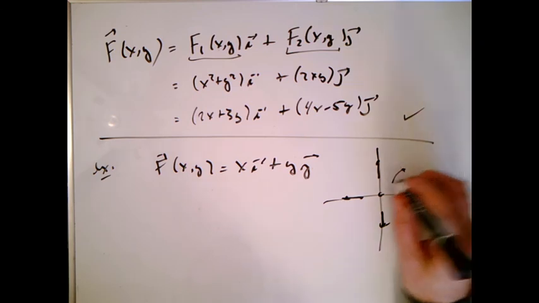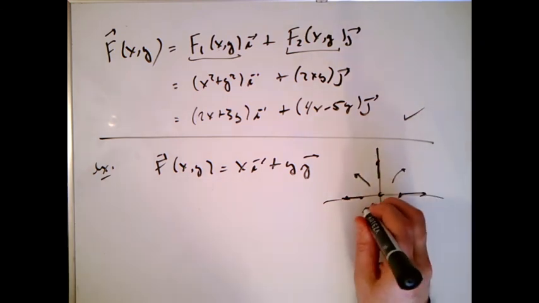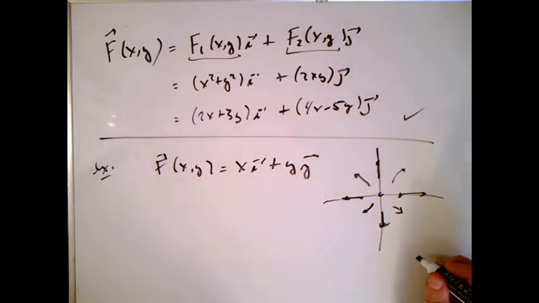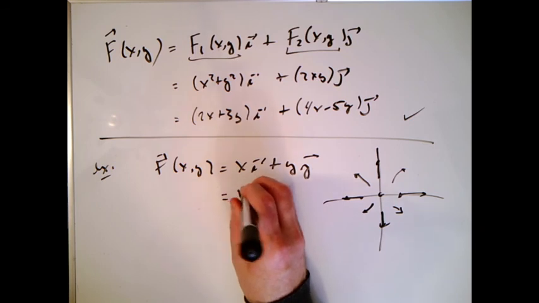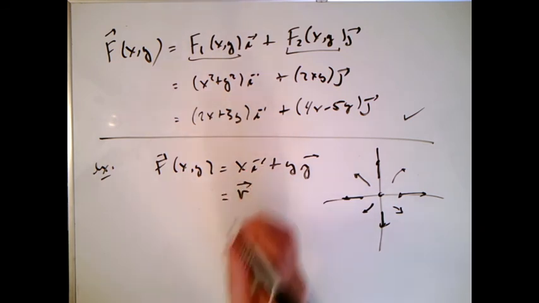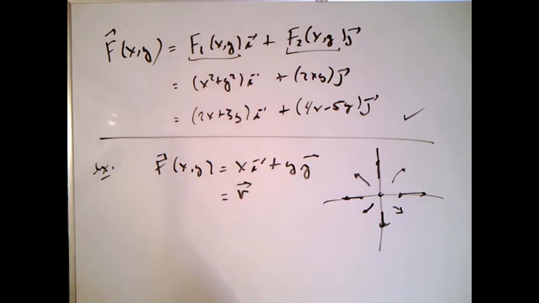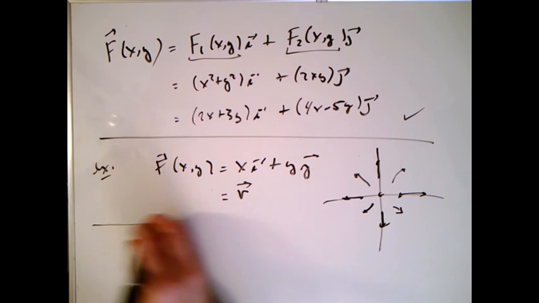So this one's going to go out like this, and this one, and this one. You can see that everything's radiating out, and for example, the notation they're going to be using for that specific one is going to be R. Now if this said xi plus yj plus zk, they would also use R because it's actually just radiating out.